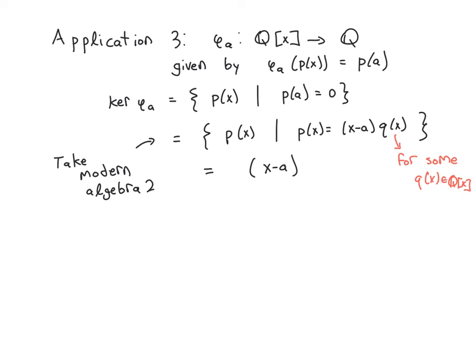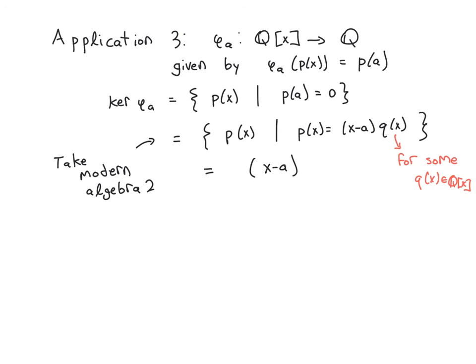So if you read chapter 17, in case you want to know more about this result, you'll see the full details. This doesn't hold for every polynomial ring, so there's a reason why I picked Q here. Your coefficient ring has to be a field. If it's not a field, this doesn't always work. But in this case, we're okay.